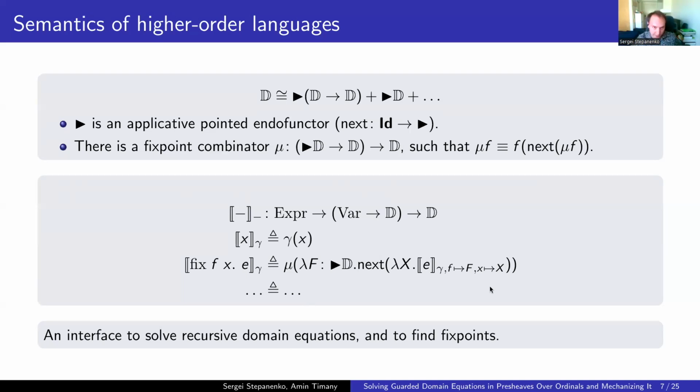So in a nutshell, to reason about languages like this, we need a later with those properties, the ability to solve recursive domain equations, and moreover to have a fixed point combinator. And there are multiple setups that provide such an interface.